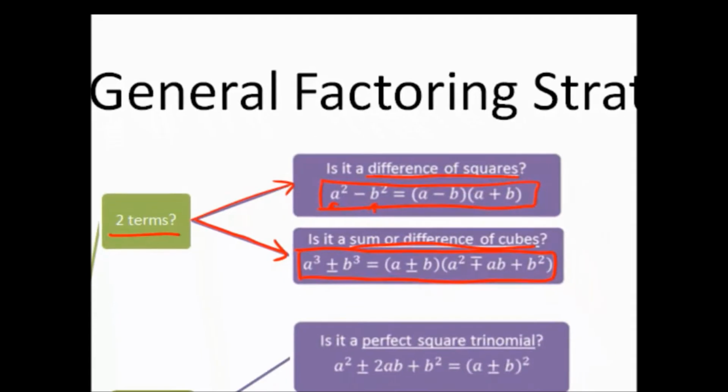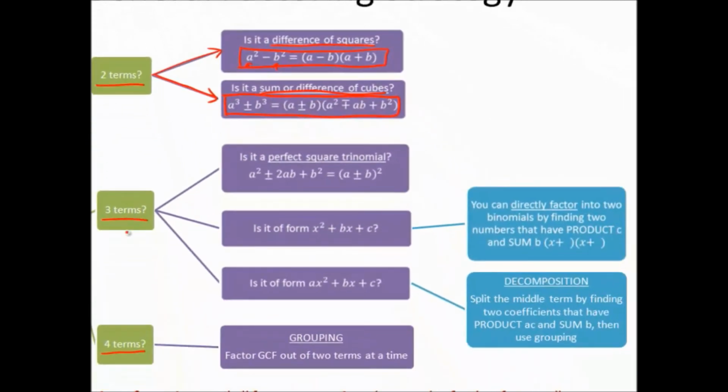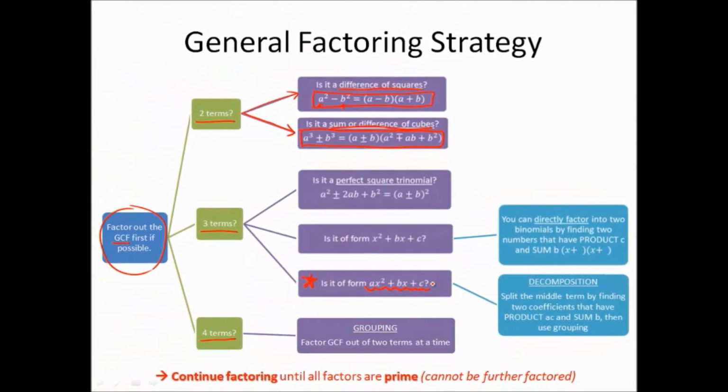Next, if you have 3 terms, you have 3 options. Remember that the general form is the decomposition method, so that can always be applied. However, the first 2 options I've listed here are somewhat shortcuts of the decomposition method. So maybe you notice that the first and last terms are perfect squares, and you can just check if the middle term works out to be a perfect square trinomial.